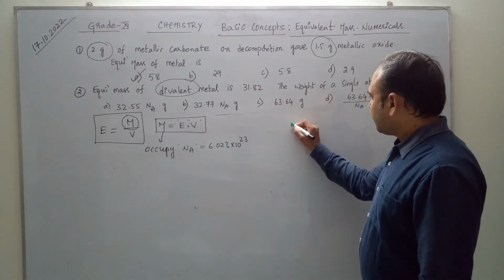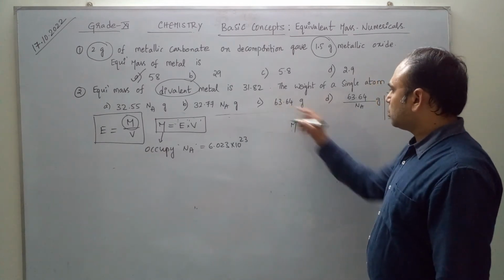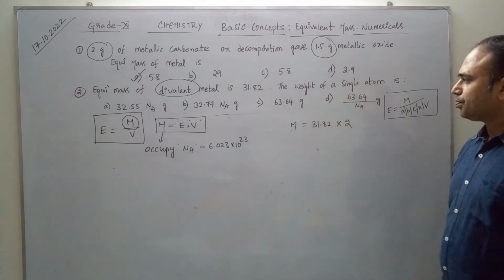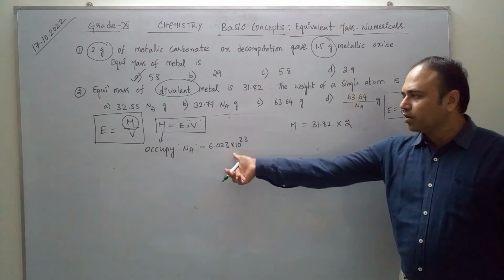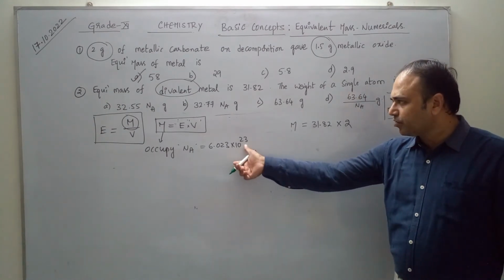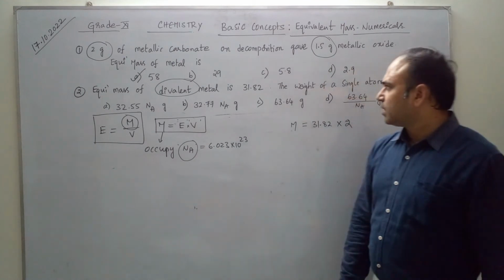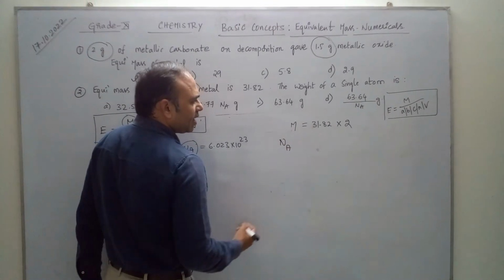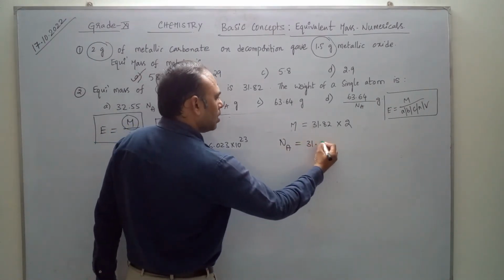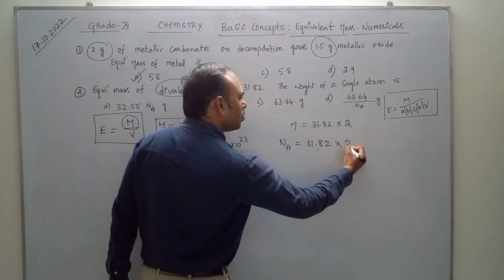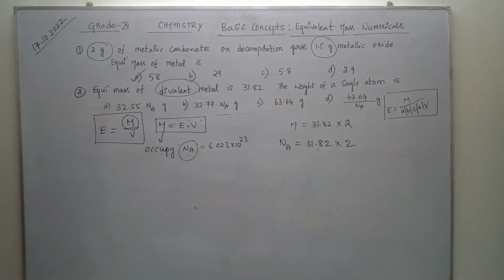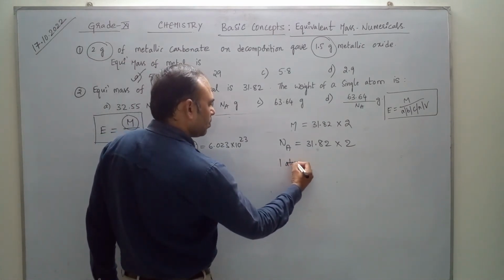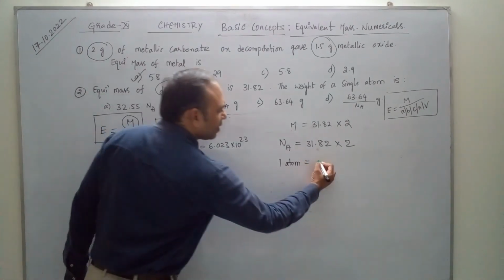So now the molecular mass is equal to 31.82 into the valency, which is mentioned as 2. So this molecular mass will occupy 6.023 into 10 to the power of 23, or simply you can mention it as Avogadro number. Now let us write that if Avogadro number is occupying 31.82 into 2, that is the mass, what will one atom weigh? So let us take it as x.